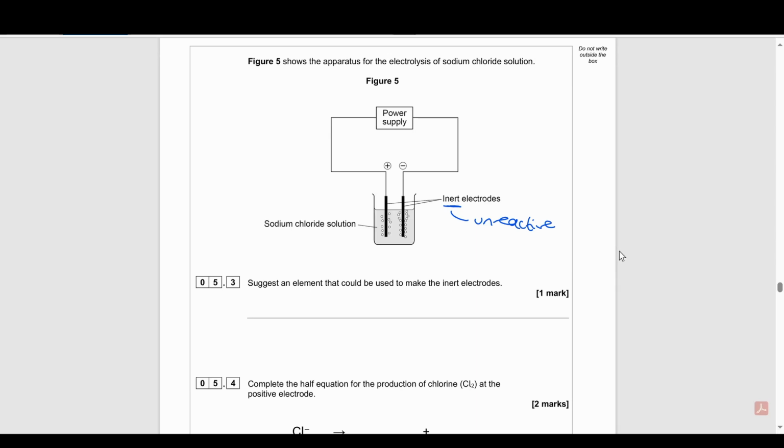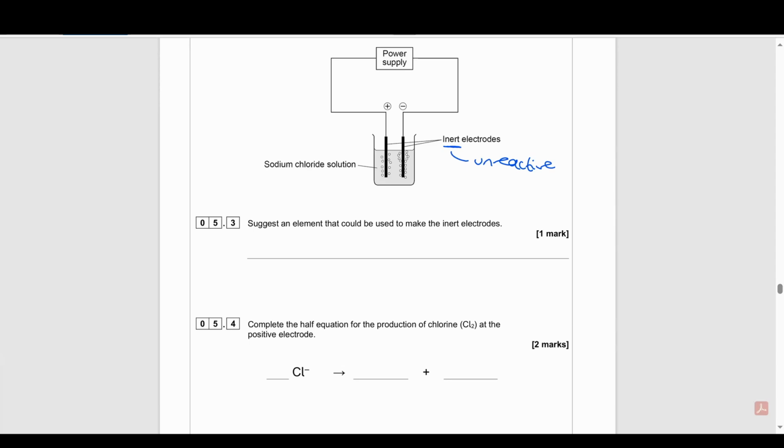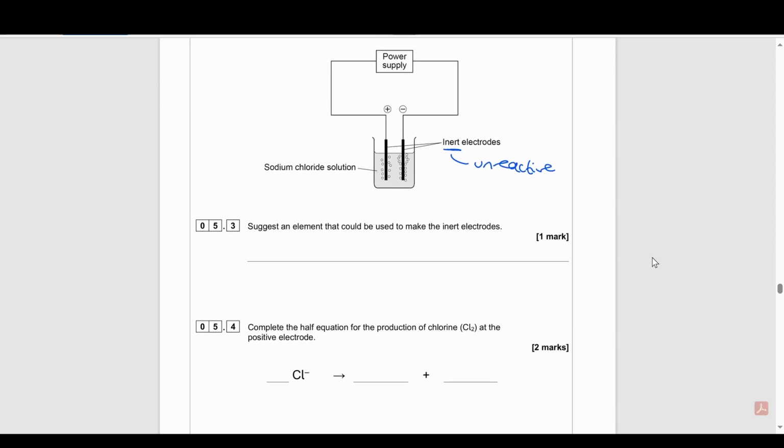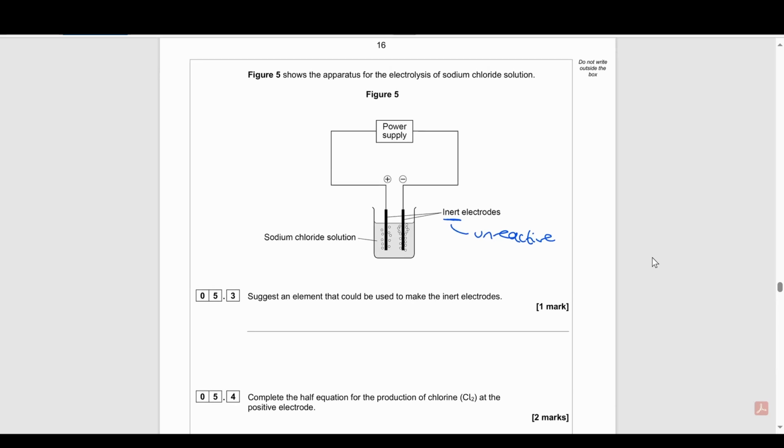5.3. Suggest an element that could be used to make the inert electrodes. Well, it's got to be something that, as I said, will not react with the sodium chloride solution. Now, if you have done an electrolysis setup similar to this before, for example in your required practical, then the electrodes that you probably would have used would be made from carbon.